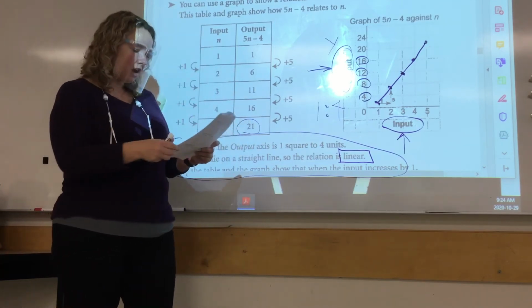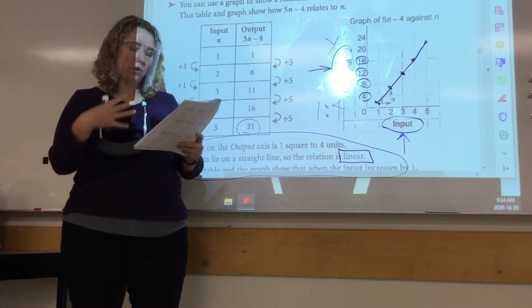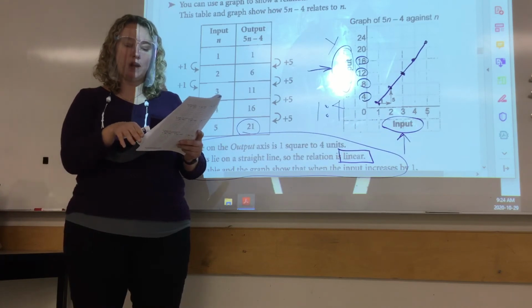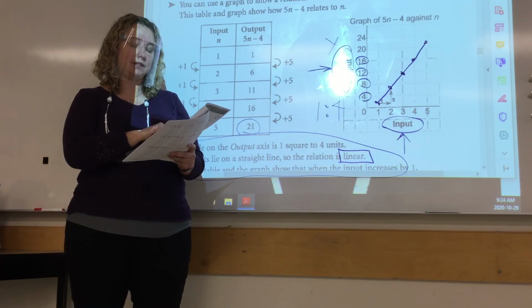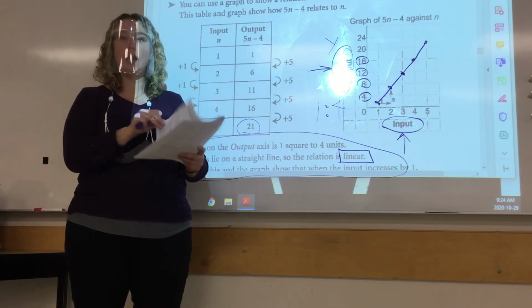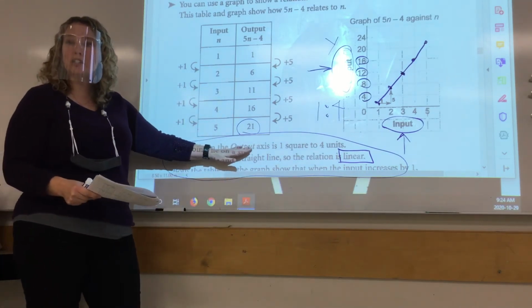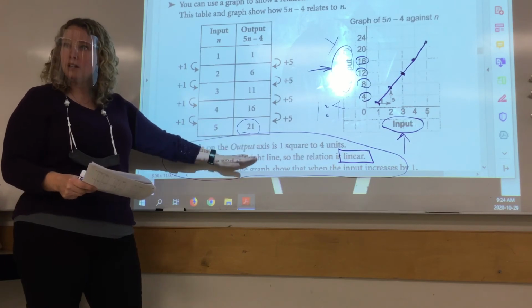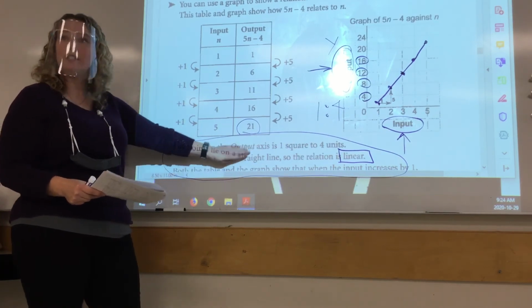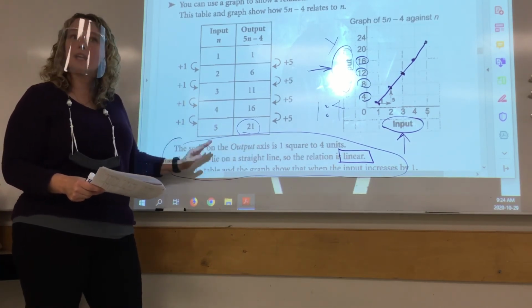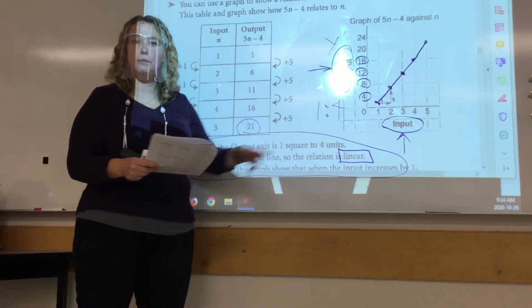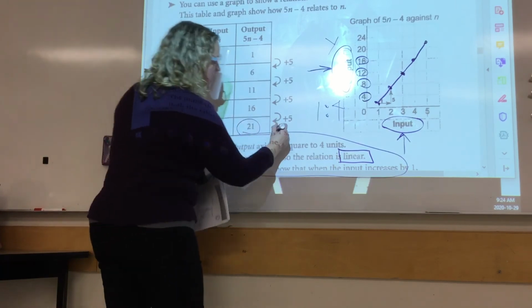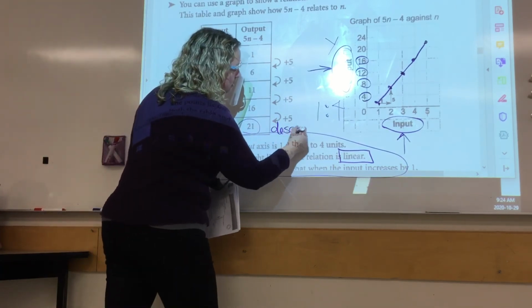All right, so what you're going to do is complete the tables at the bottom, and then make graphs on the second page. It might ask you to describe the graph, so go back to this as an example of how to describe a graph. Please circle this underneath the table, and write "describing a graph."